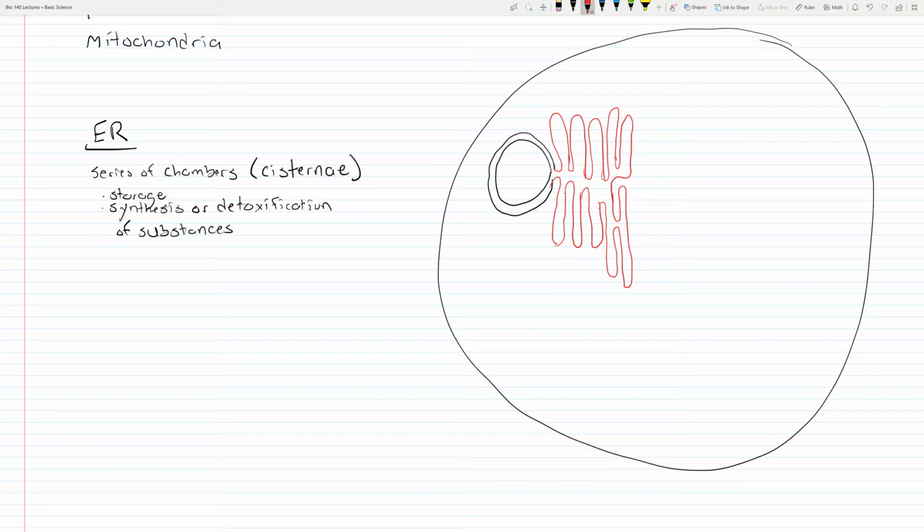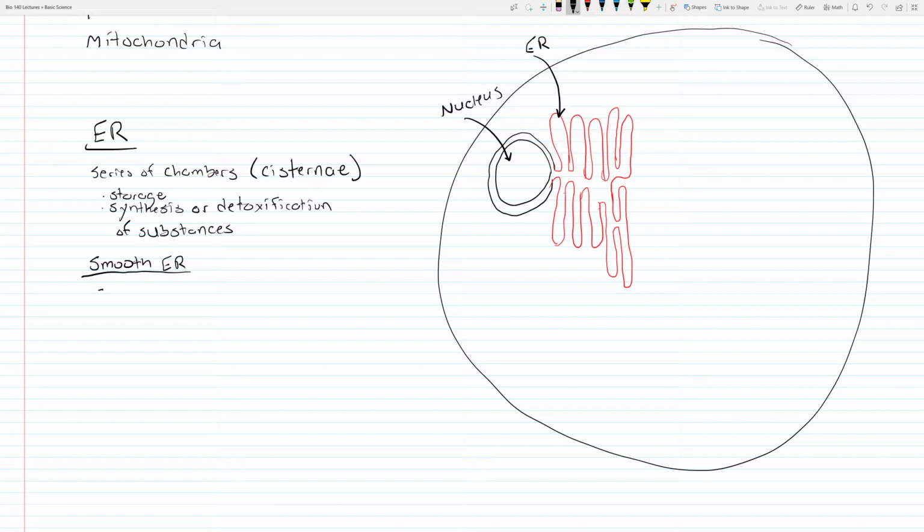There are two basic types of endoplasmic reticulum, and let me label this. Here's our nucleus, and this is our endoplasmic reticulum, the red thing. There are two main types. We have what's called the smooth endoplasmic reticulum. As I said earlier when we were talking about ribosomes, when ribosomes don't attach to the ER, it's smooth ER.